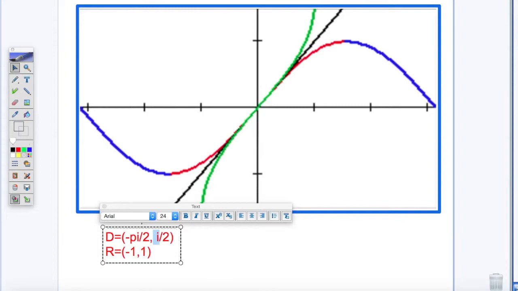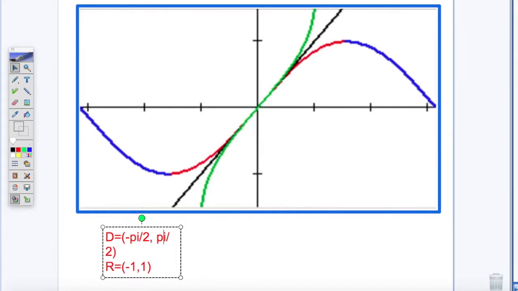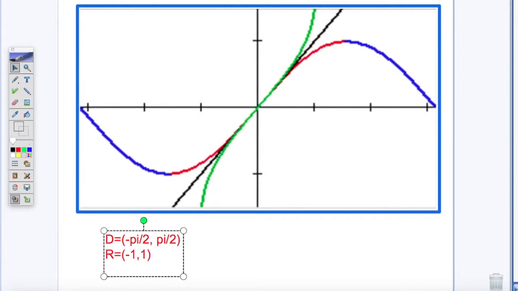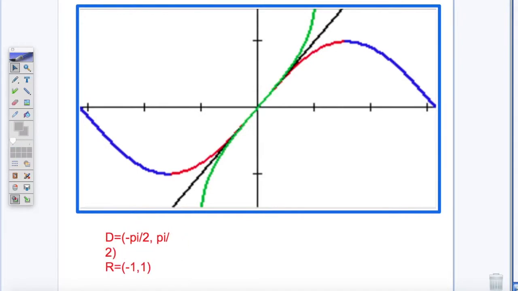That's an O. We'll put a P in, and then we'll stretch this out. Okay, so what we drew up here, the red part is the restricted domain, which goes from negative pi over 2 to pi over 2 with a range of negative 1 to 1. And the green is the inverse function.